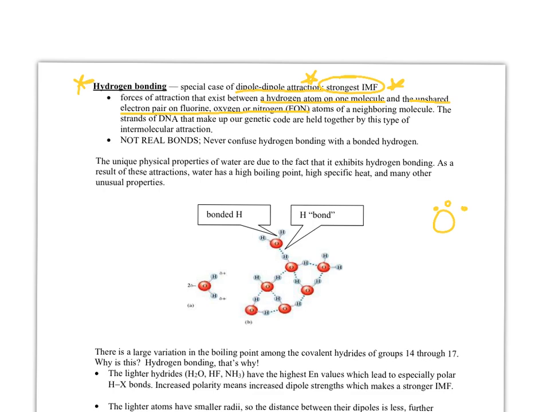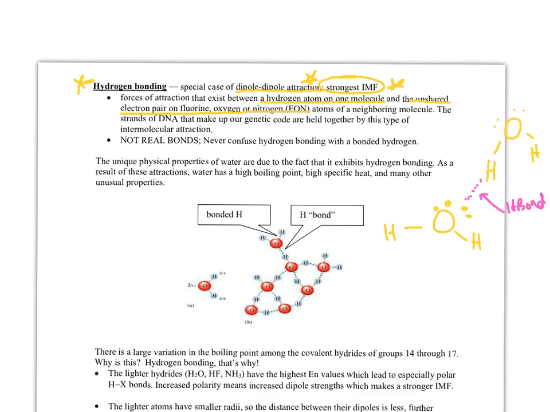I've got those two lone pairs, right? And so when I have another water molecule, we see that there ends up being an attraction between the lone pair and the hydrogen. So this is the IMF, or the hydrogen bond.